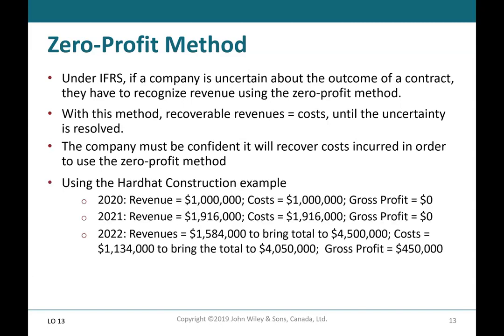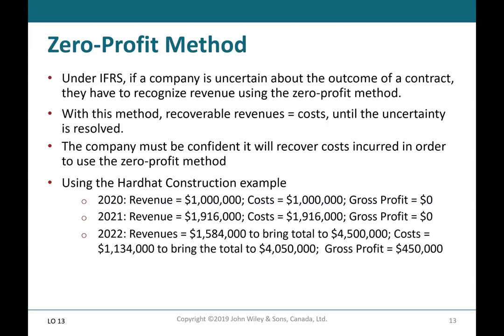Using the Hard Hat Construction example, 2020: revenues 1 million, costs 1 million, gross profit 0. 2021: revenues 1.916 million, costs 1.916 million, gross profit 0. 2022: revenues equal 1.584 million to bring the total to 4.5 million.